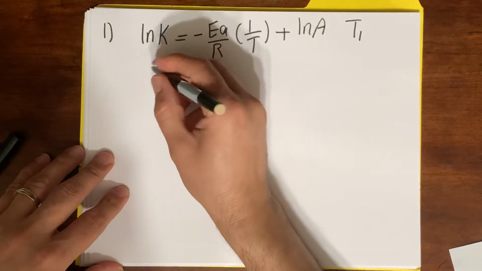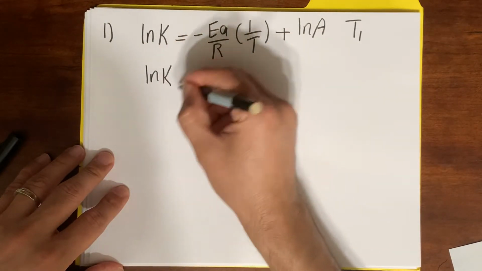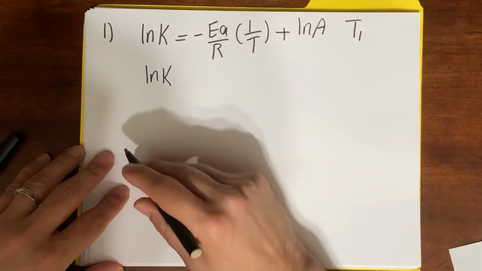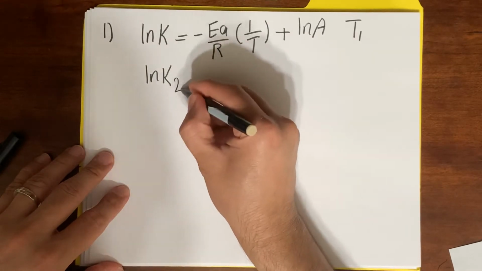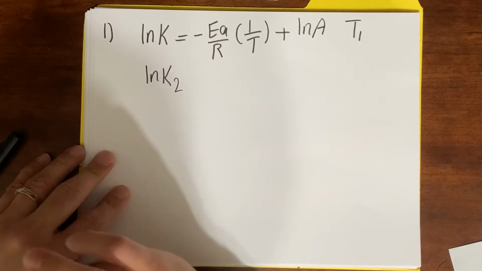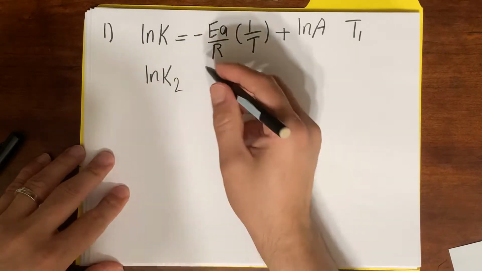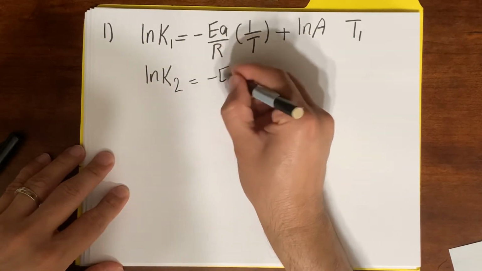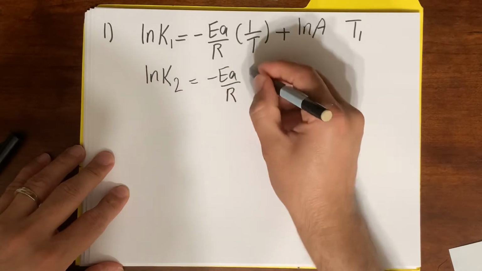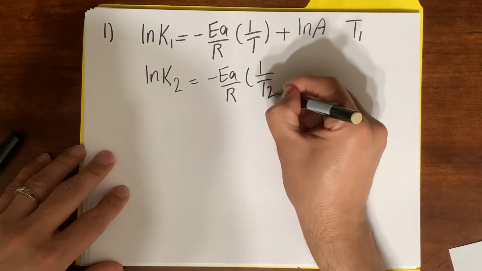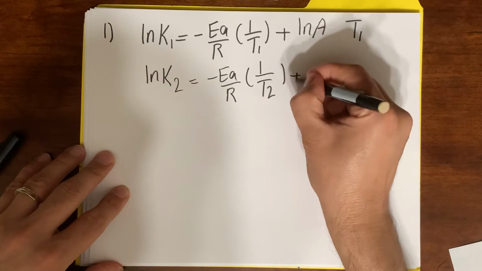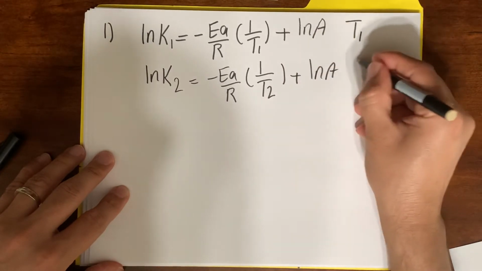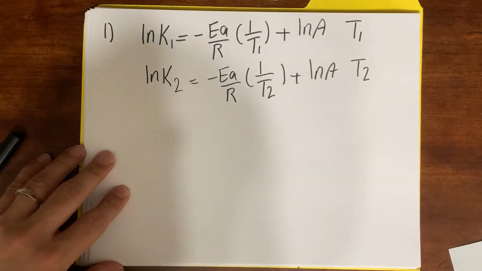And if I change it, because I changed the temperature, K will be a different number. K is subject to temperature. So this one will be 1. Now we get minus EA over R times 1 over T2 plus ln of A. We are dealing with T2.